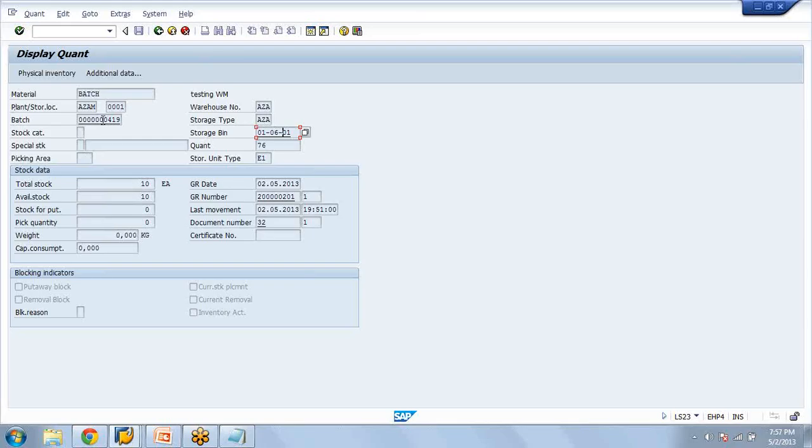Whenever you procure the goods, you will have a new quant created with respect to the shelf life. The main thing you do is maintain the material master shelf life information. Then the same kind of data will flow to the WM level, the same as a batch.